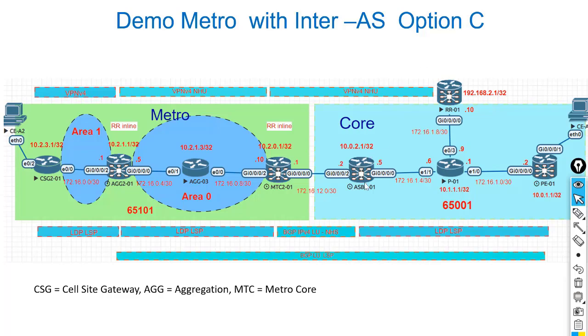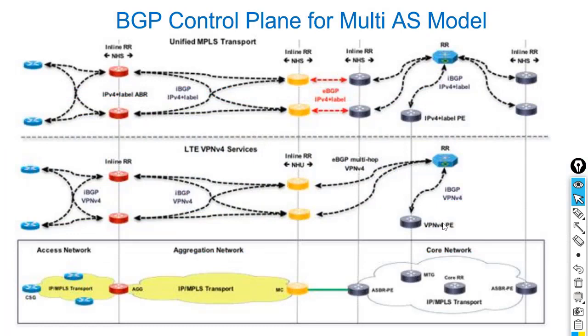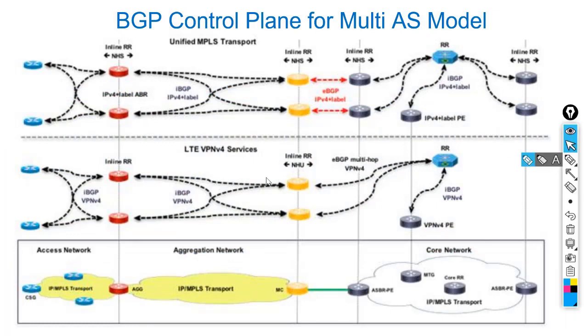So let's move on to the control plane for the inter-AS VPN. Because the core network and metro network are in different AS systems, in order to advertise VPN routes from one AS to another, a method called inter-AS VPN should be employed.